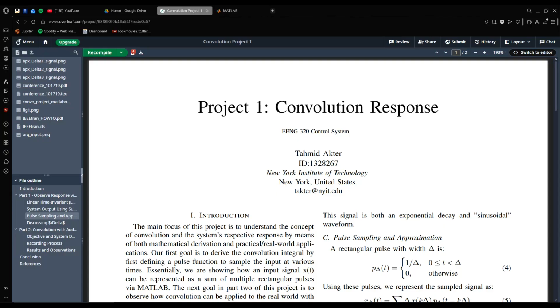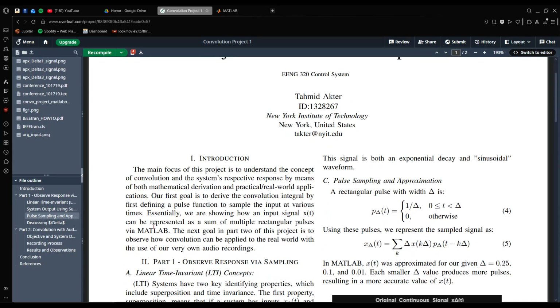My initial goal was to understand how a system works in response to an input signal x of t, first through sampling and taking its pulse approximation, and then applying that same idea to the second part of the project, which deals with real-world recordings, taking audio recordings and having an environment as our system.